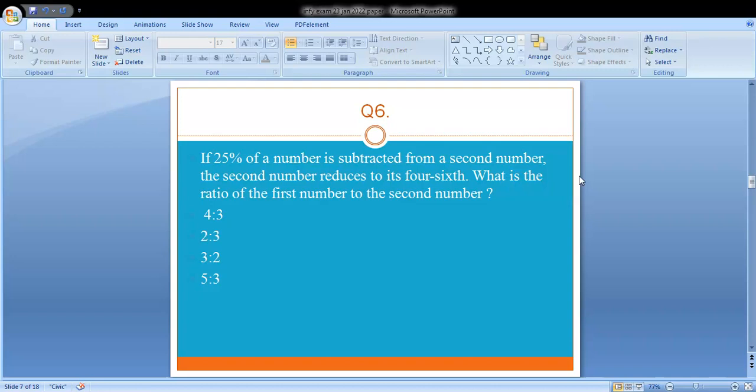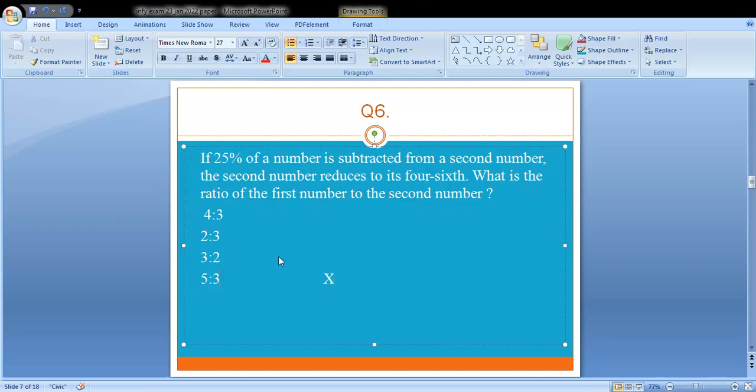If 25% of a number is subtracted from a second number, you can see that there are two numbers here, x and y. 25% of a number subtracted from a second number. So 25% means 25 by 100, that is 1 by 4.